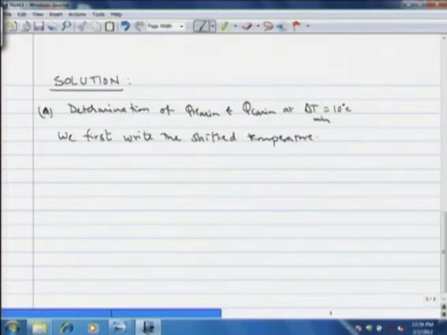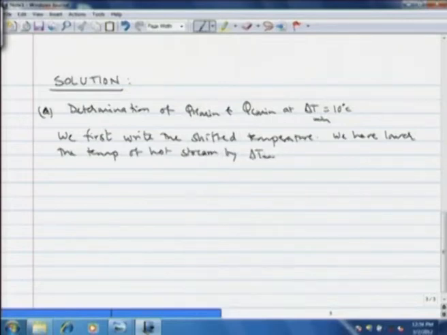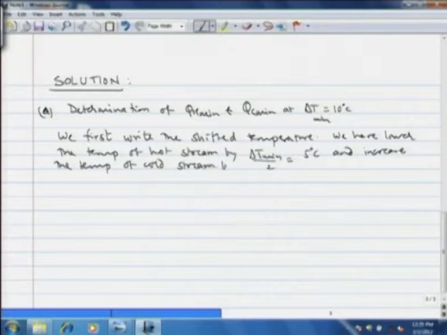We have to shift or lower the temperature of the hot stream by delta T min by 2 or 5 degrees centigrade, and increase the temperature of cold stream by again same value, delta T min by 2 is equal to 5 degrees.